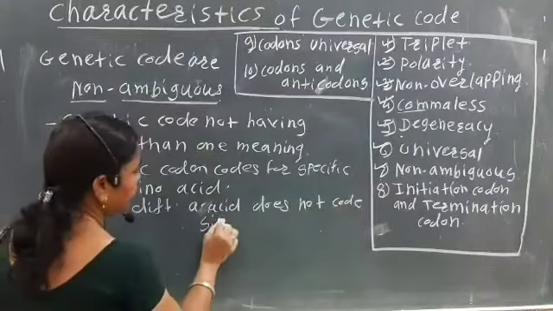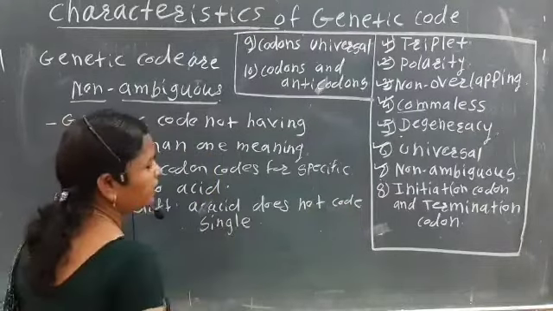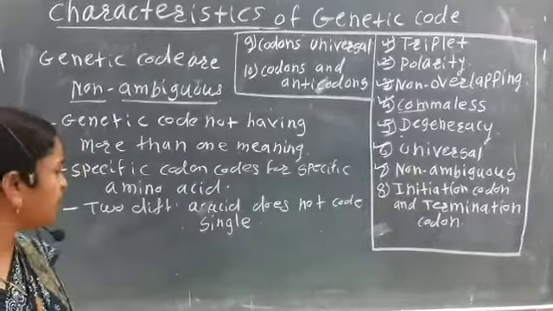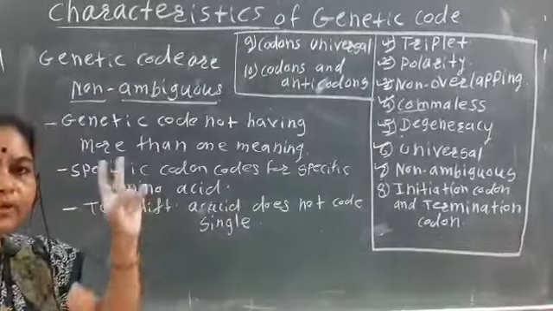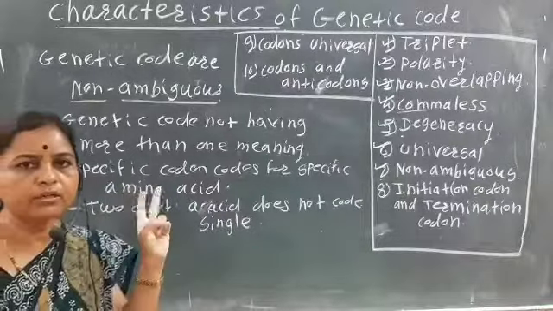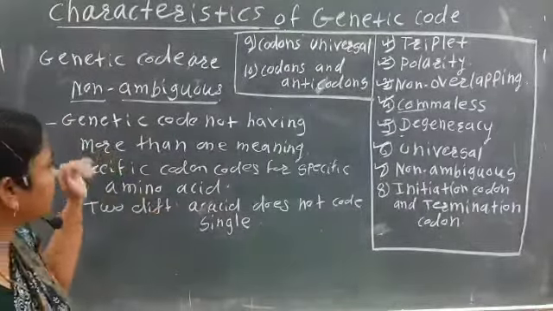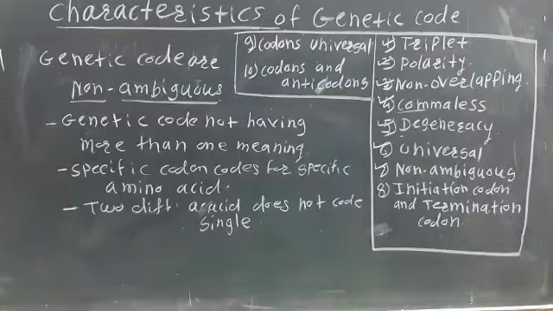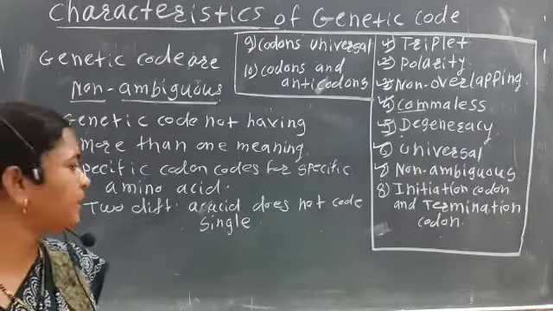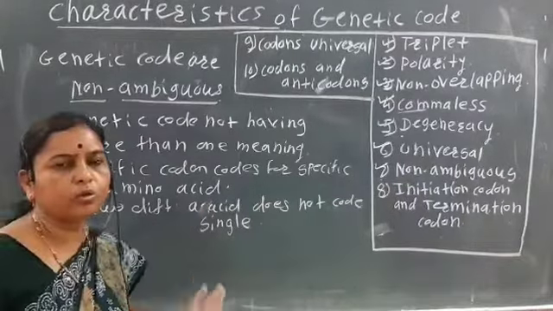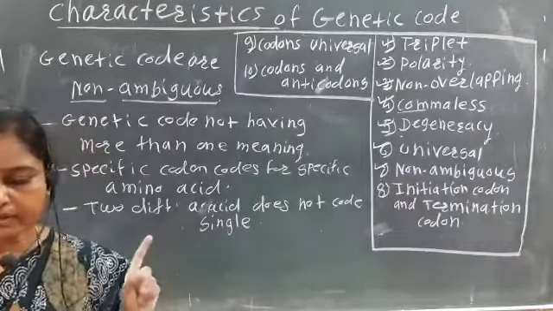सिंगल कोडॉन. म्हणजे एकच कोडॉन हे दोन डिफरंट अमायनो ऍसिड कोड करू शकत नाही. आलं लक्षात? So here the genetic code is not having more than one meaning. म्हणजे जेनेटिक कोडला एकापेक्षा जास्त मीनिंग नाही. याचा अर्थ काय? तर दोन डिफरंट अमायनो ऍसिड हा सिंगल कोडॉन कोड करू शकत नाही.